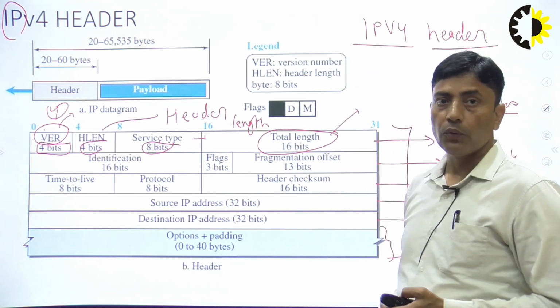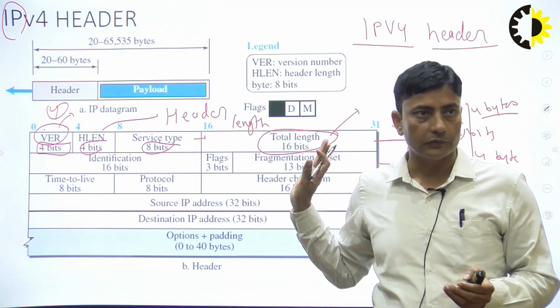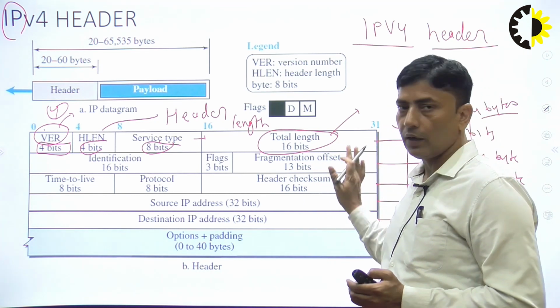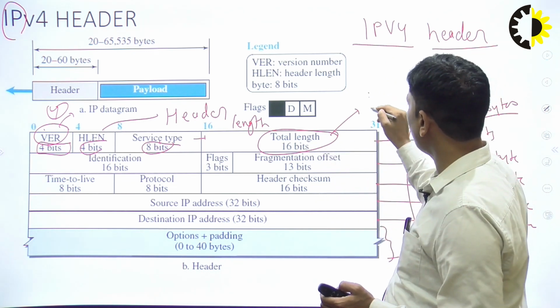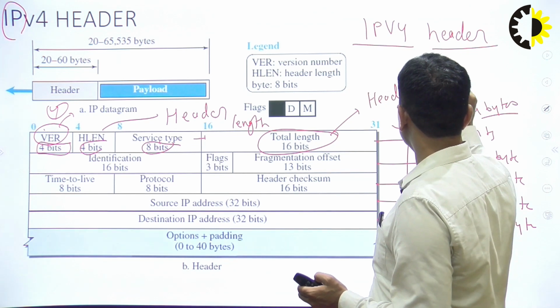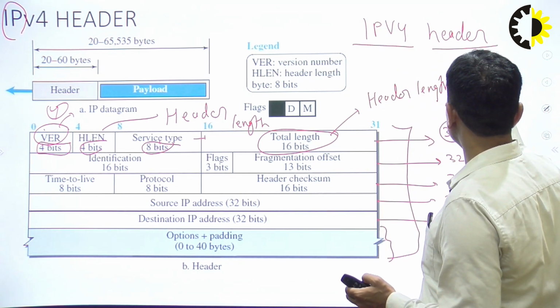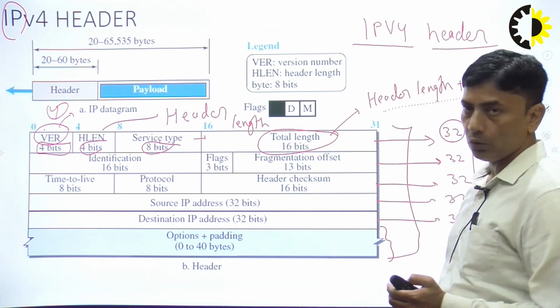Total length means the total length of this datagram, which has a header like this. Total length is the header length plus payload.